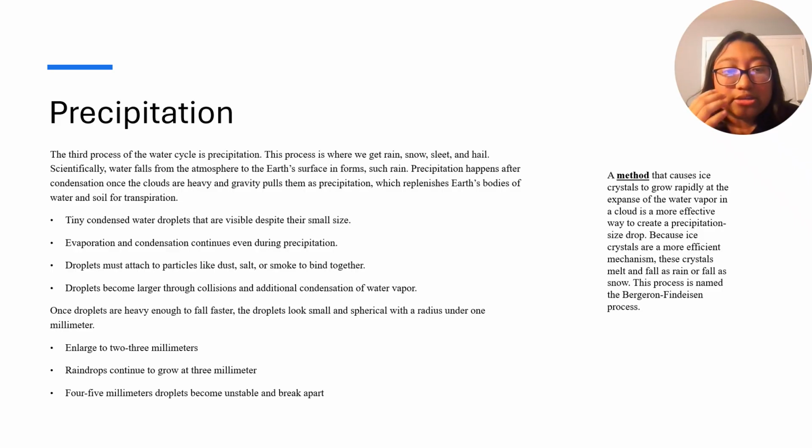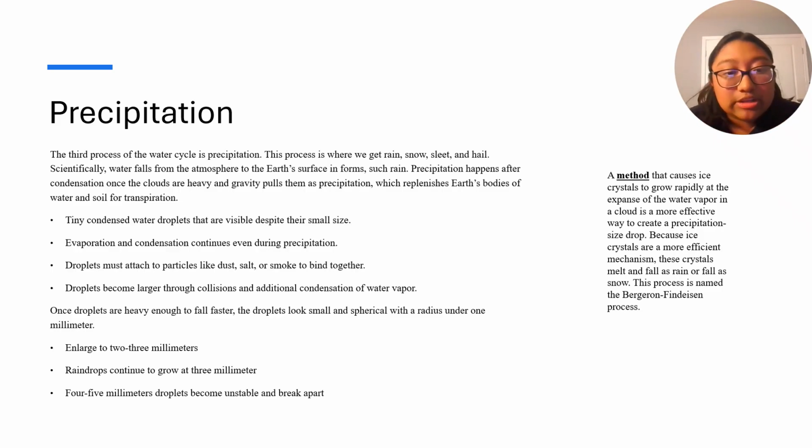Droplets must attract to particles like dust, salts, or smoke to bind together. Droplets become larger through collision and additional condensation of water vapor. So when a droplet connects to another droplet, it makes a bigger droplet.